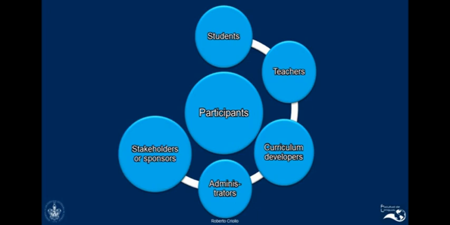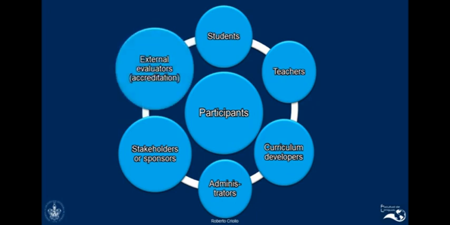In some cases, especially when the programs are financed by different organisms or in private institutions, there could be a participation of the stakeholders or the sponsors of the program. And finally, there could also be external evaluators. This is the case in which the program is being evaluated for accreditation purposes.